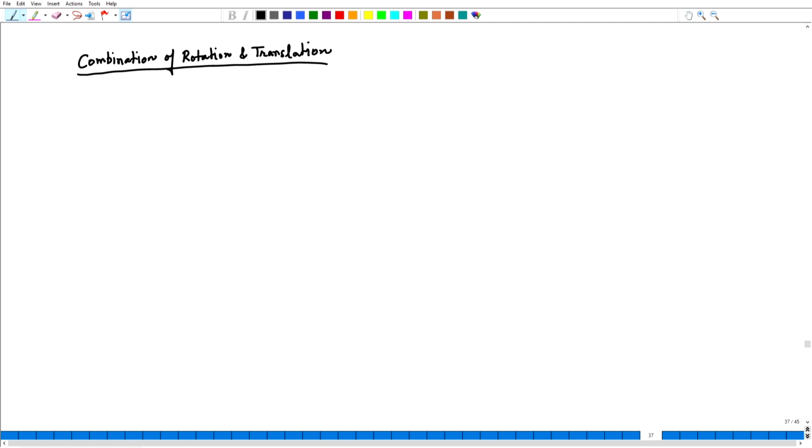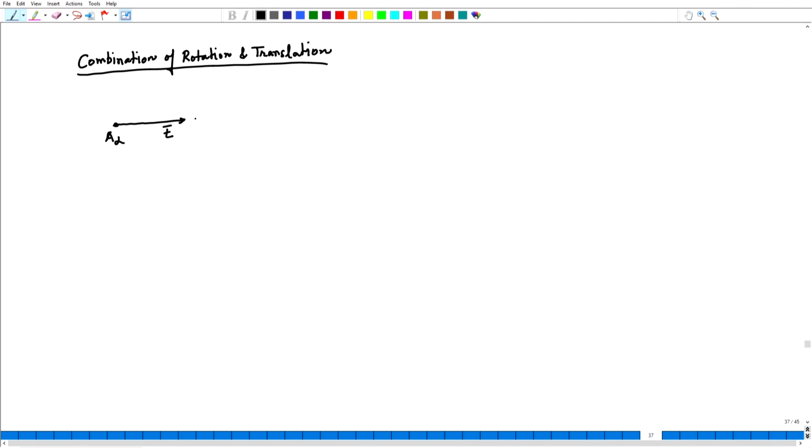And this also we are still discussing in 2 dimensions. So, I have a rotation at point A through an angle of alpha, and along with this I also have a translation.